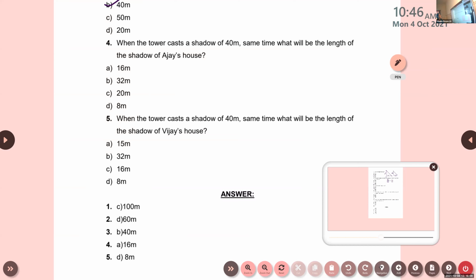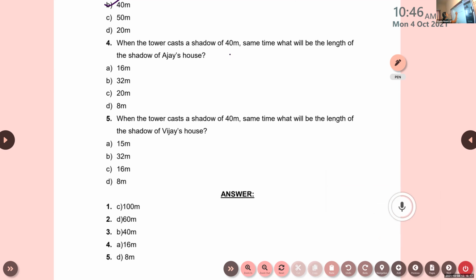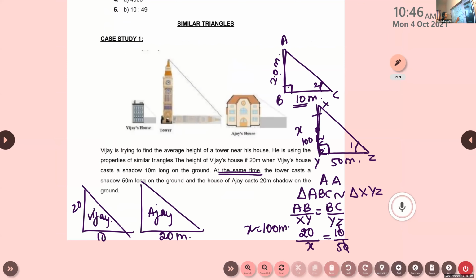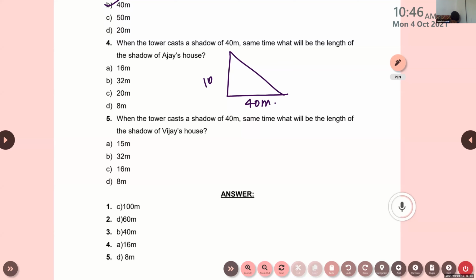When the tower casts a shadow of 40 meter, at the same time, what will be the length of the shadow of Ajay's house? So again, the tower's shadow is changed. The length of the shadow is 40 meters. And what is the height of the tower we got? It is 100, isn't it? So it is 100 meters.